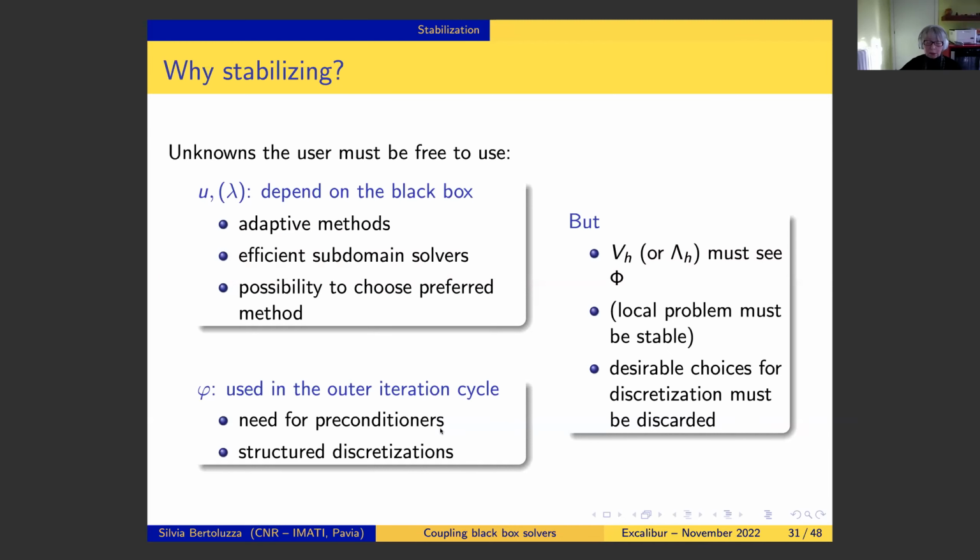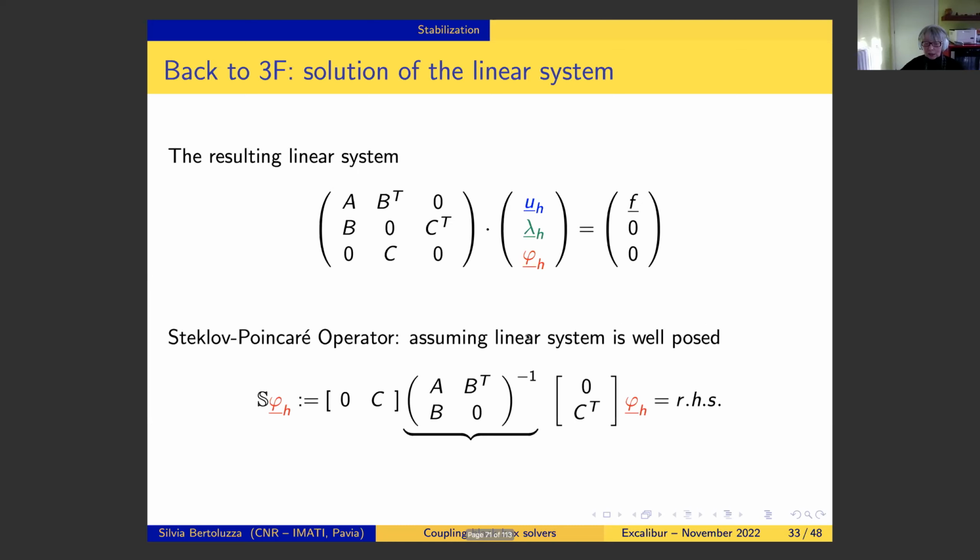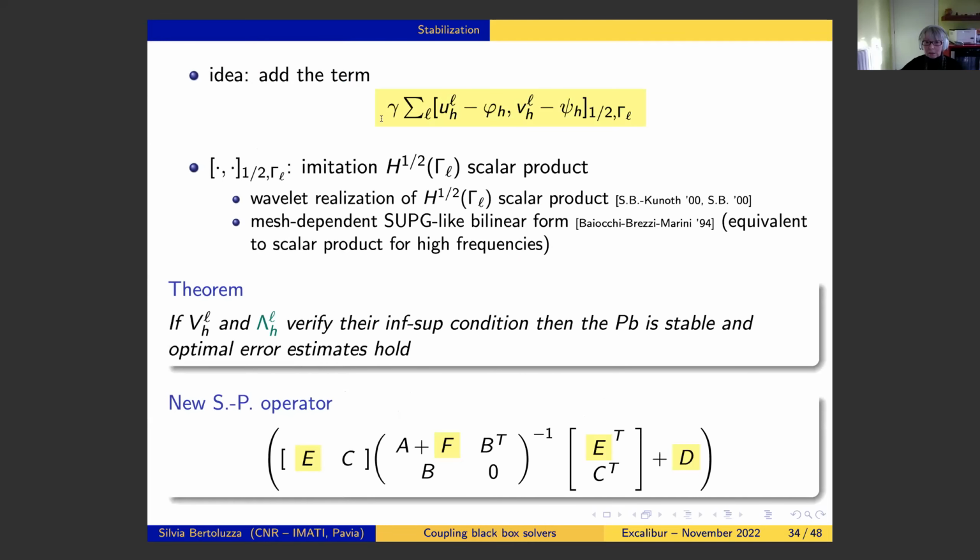What can I do for stabilization? Let's go back to the three fields. So I have this A, B transpose B, which is my black box Babuška-Dirichlet problem solver. And this is my Steklov-Poincaré operator. And I can stabilize by adding this term.